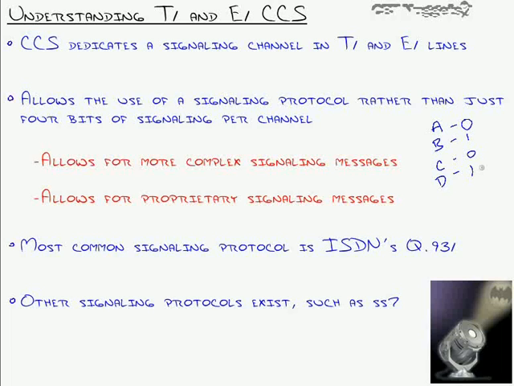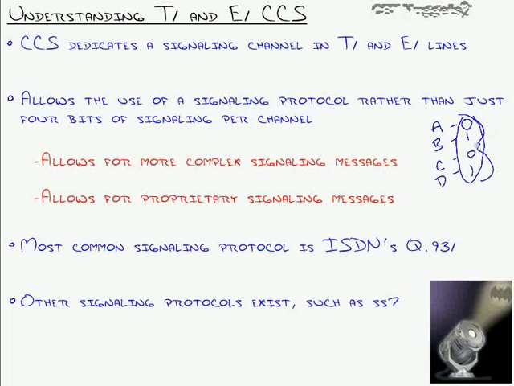You can send on hook, off hook, called number information, basic stuff, but there are a lot of different features in the PBX realm that we need to transfer signaling information for. Some of them are complex features, like integrating with PCs in the digital world. Some of them are simple features. Some of them are even proprietary features. You can't really get into those if you use CAS connections because 4 bits doesn't give you enough flexibility to send those kinds of messages. You've got 4 bits, which represents a number, right?